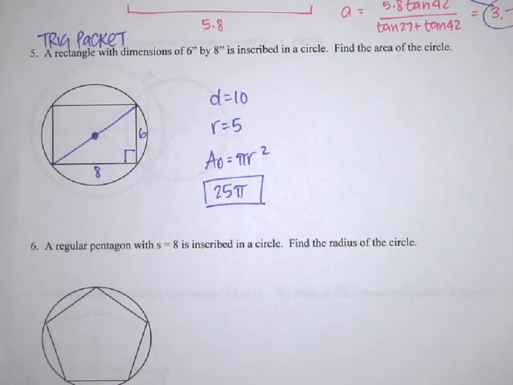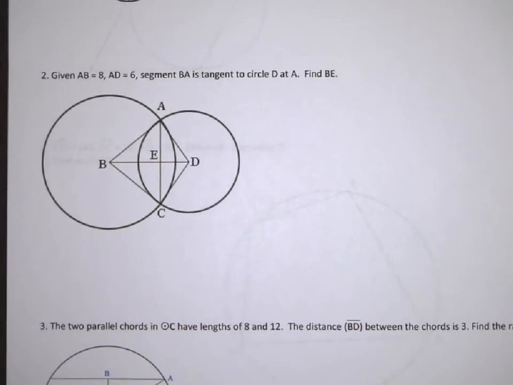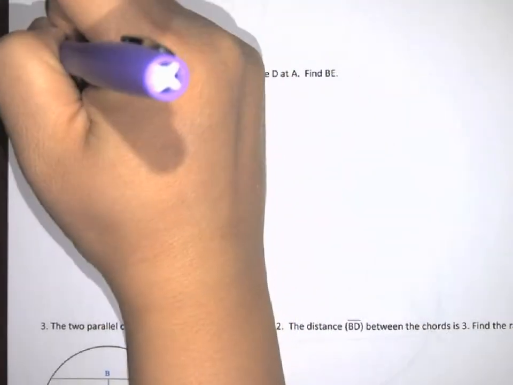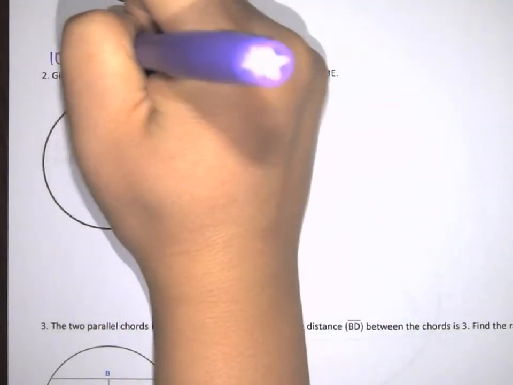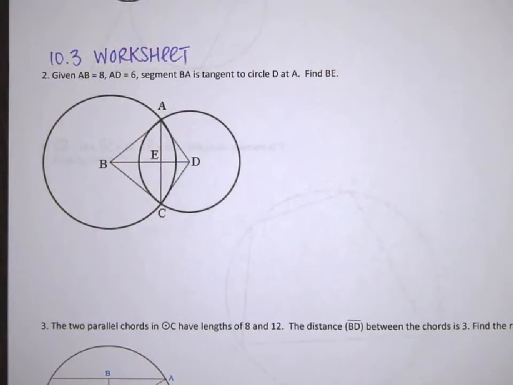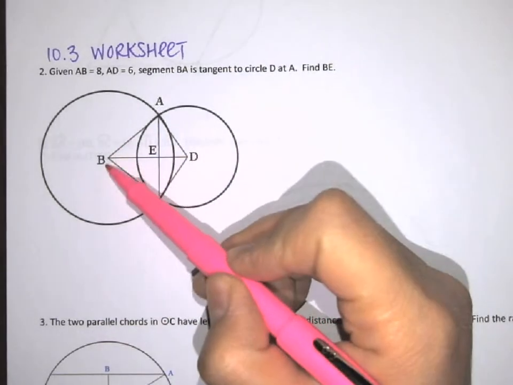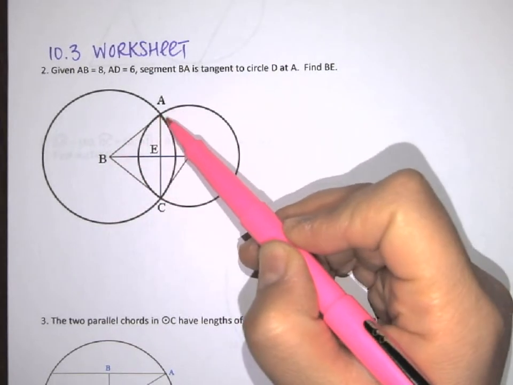The next question is from the 10.3 worksheet, number 2. So in this question, we have a radius to a tangent.